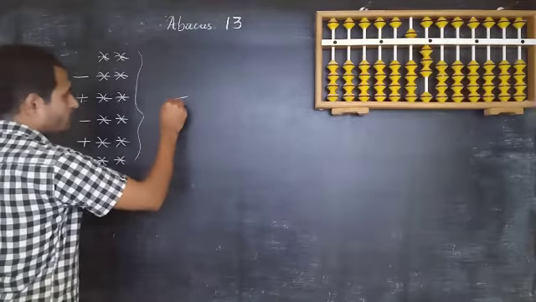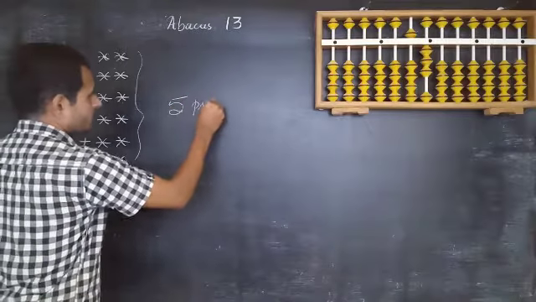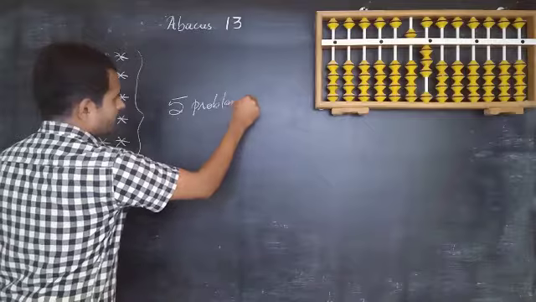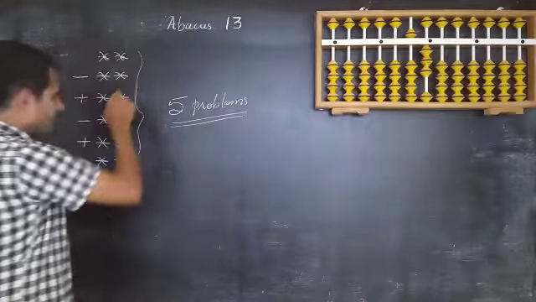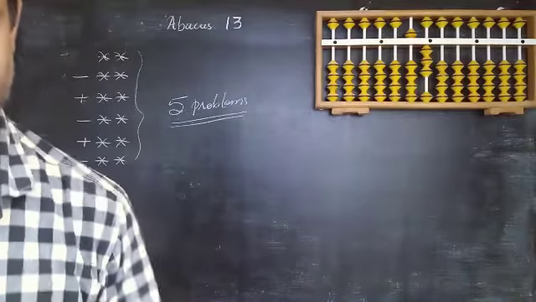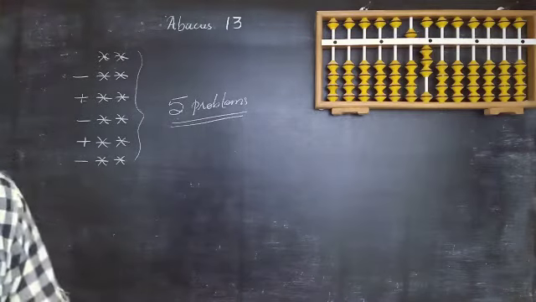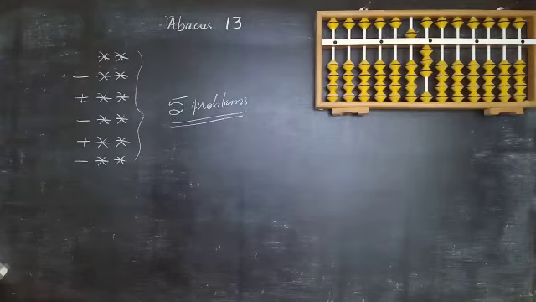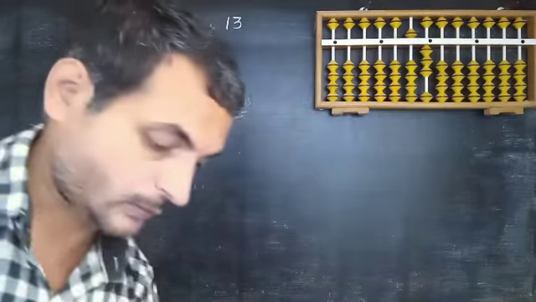So at least 5 problems of this kind. They need not be positive or negative. Don't give pre-decided numbers but take random numbers. It may be positive or it may be negative.